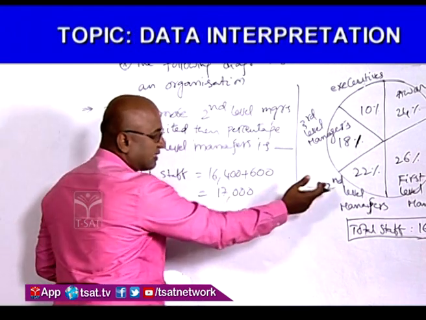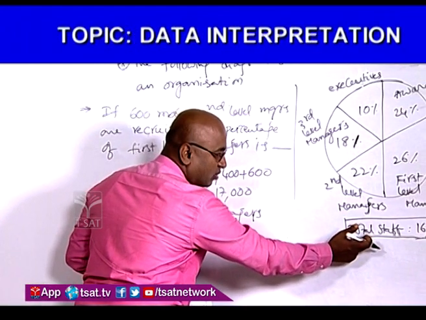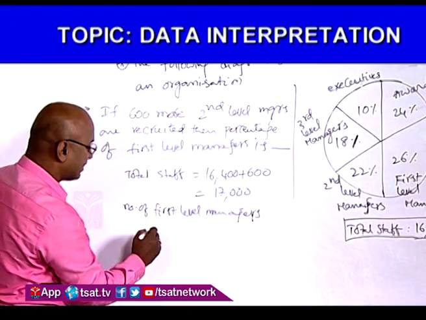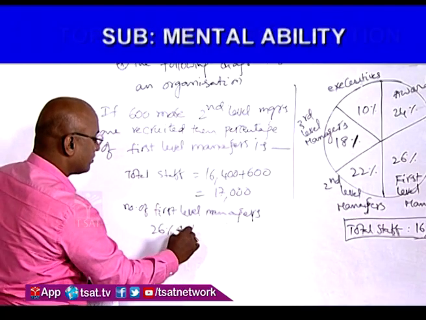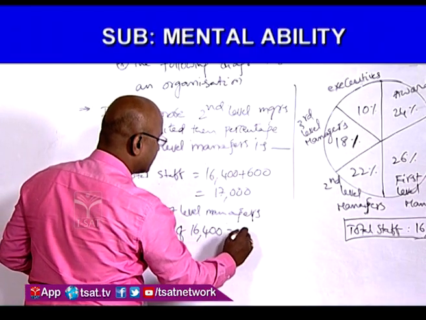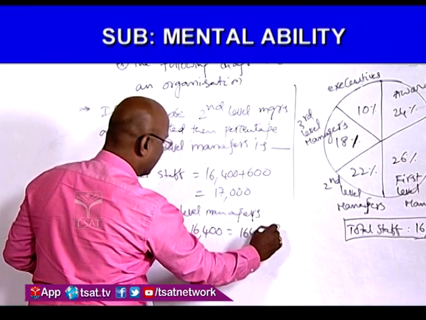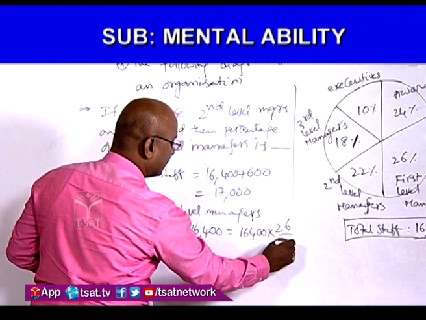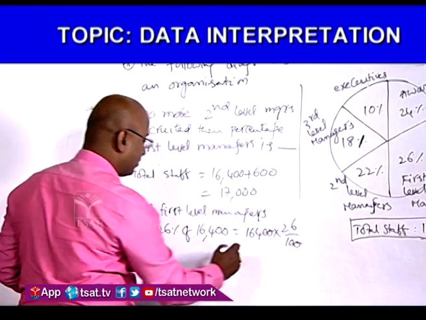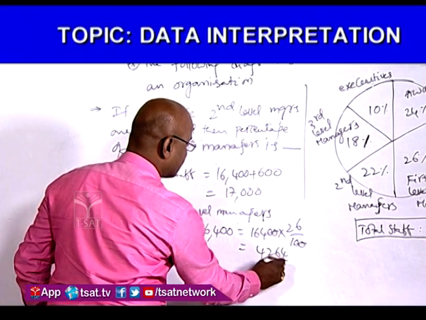First level managers are 26% of the initial total staff of 16,400. That is equal to 16,400 into 26 by 100. So cancelling zeros, 164 into 26 is equal to 4,264.